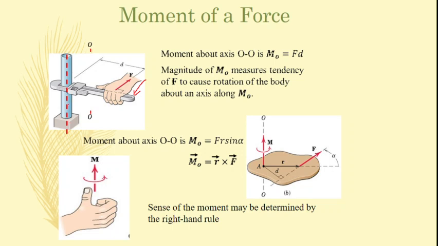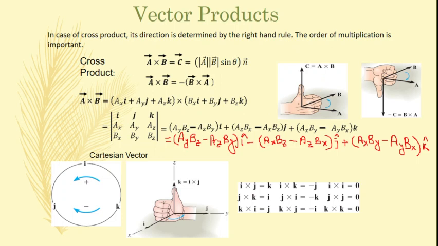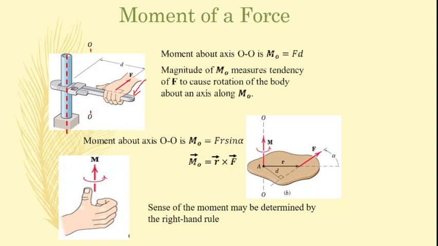This is the sense of how we can get this direction by applying the right hand rule, that is, in which direction the cross product of these two vectors occurs.